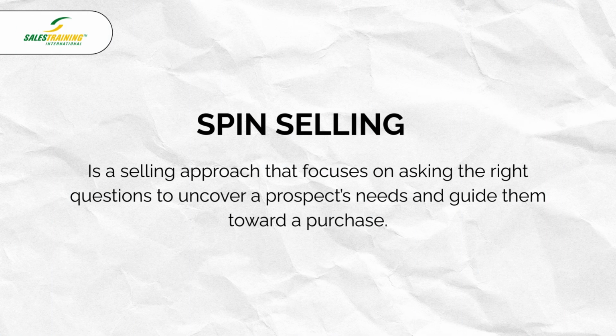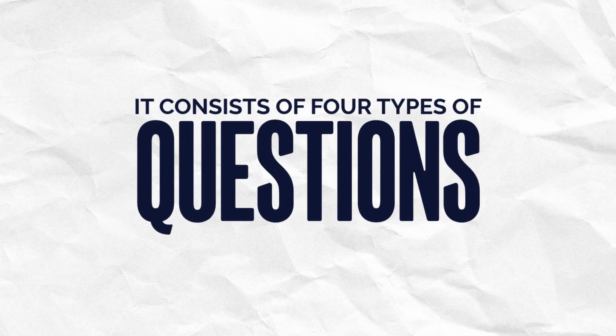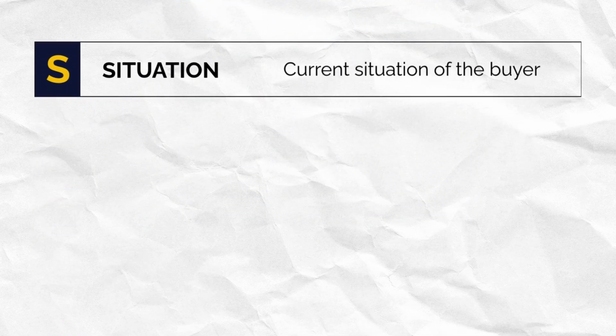What is spin selling? Spin selling is an approach that focuses on asking the right questions to uncover a prospect's needs and guide them towards making a purchase. It consists of 4 types of questions. Situation questions, looking at the current situation of the buyer.